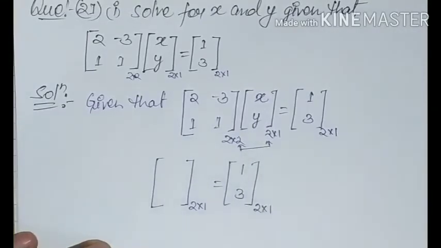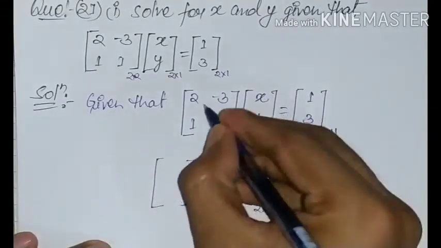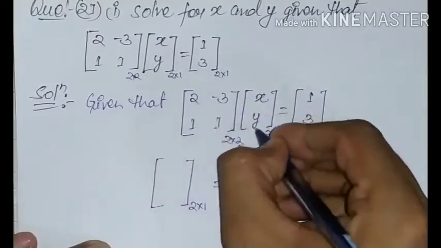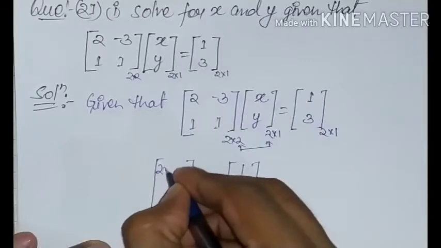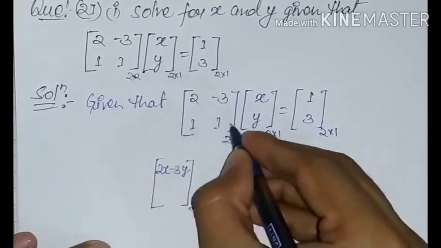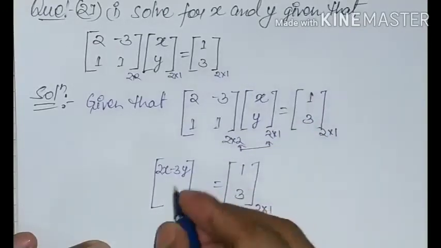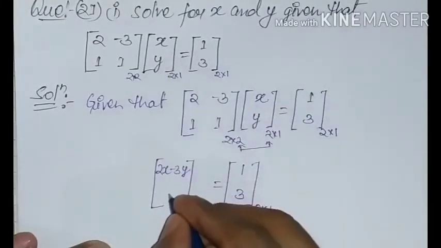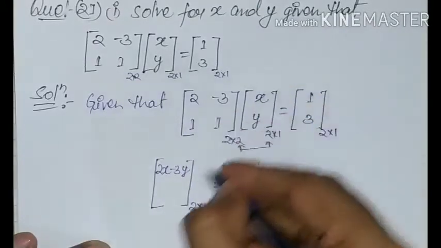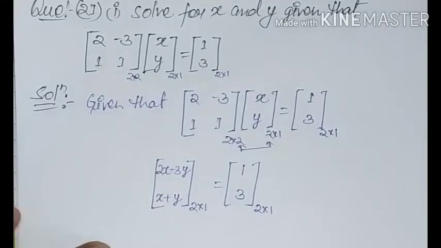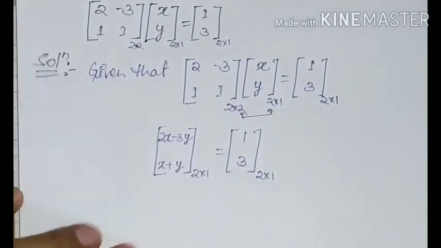First row and first column, it will be 2x minus 3y. Second row and first column, it will be x plus y, which is equal to 1 and 3.